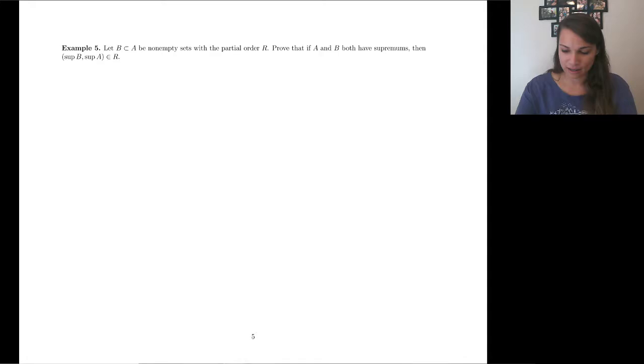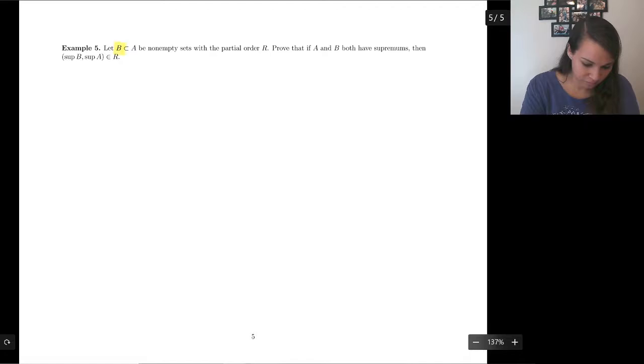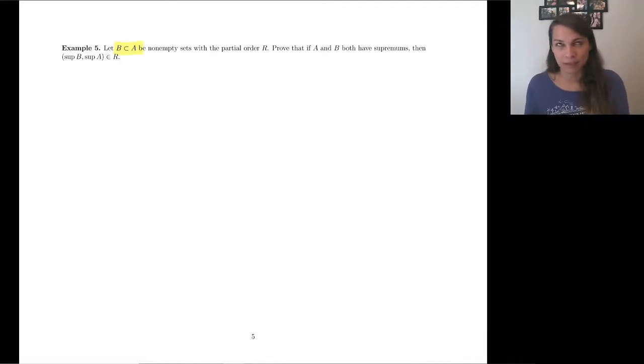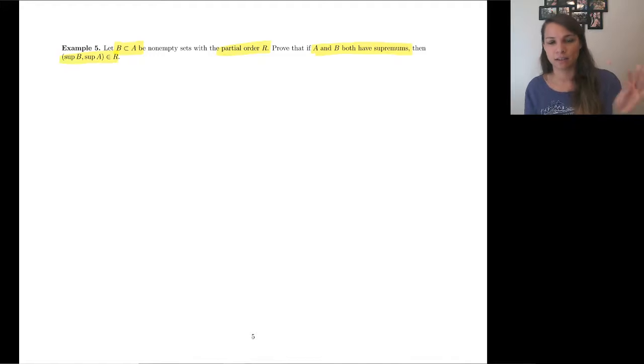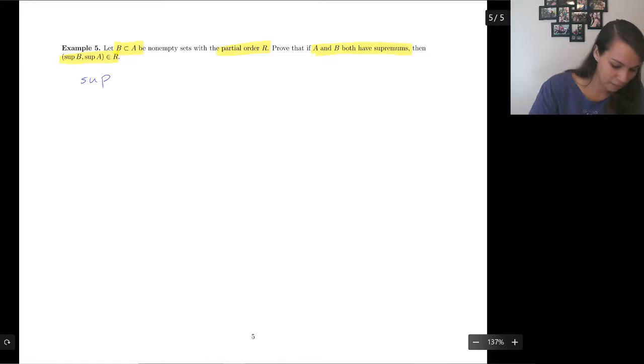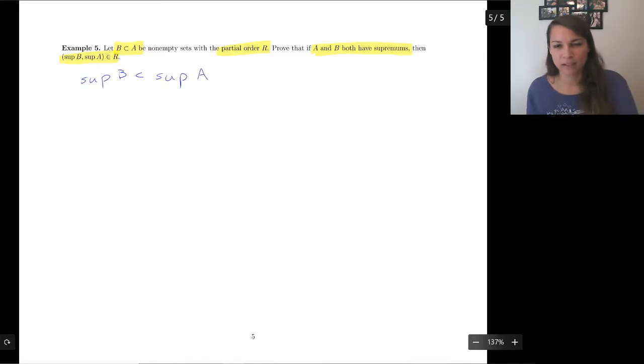If we've got that B is a subset of A, oh, where's my highlighter? And they're non-empty. We want to have elements to work with, otherwise it's boring. And R is the partial order on A. We want to prove that if they both have supremums, so none of that funky business with negative infinity or something, then the supremum of B is related to the supremum of A. Aka, in the back of our minds, we're like, okay, so the supremum of B is going to be less than the supremum of A. I can kind of see that.